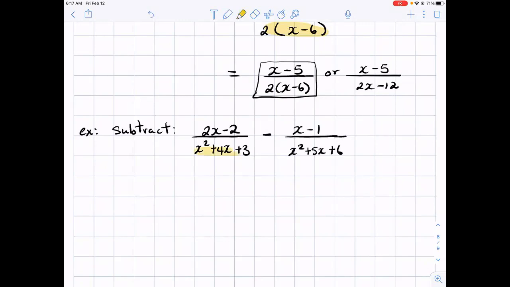So observe that the denominators are different, right? We have different denominators.